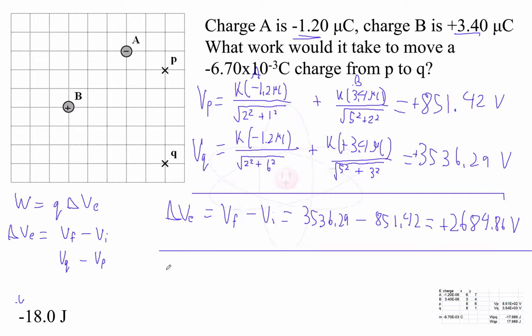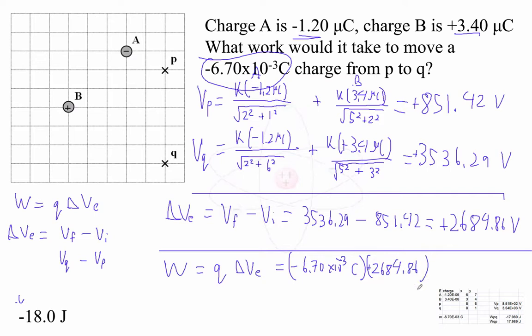And then finally, our work is equal to the charge times the change in potential. So the charge that we moved is this negative 6.70 times 10 to the minus third coulombs. And the potential is 2684.86, and that's positive.